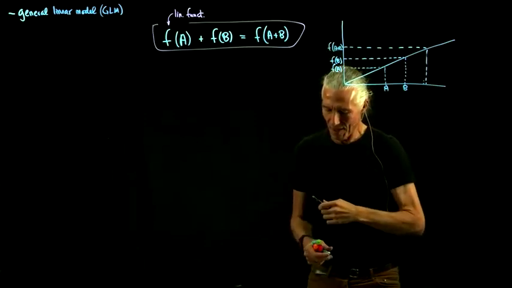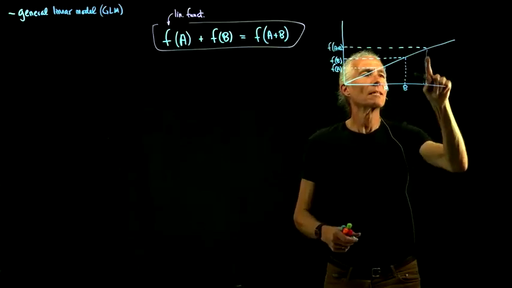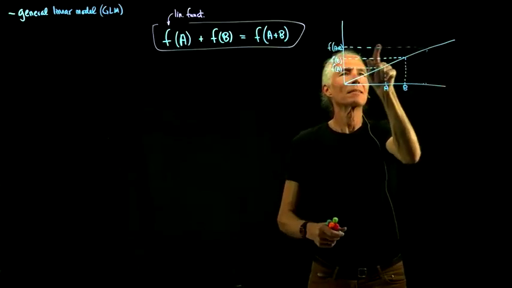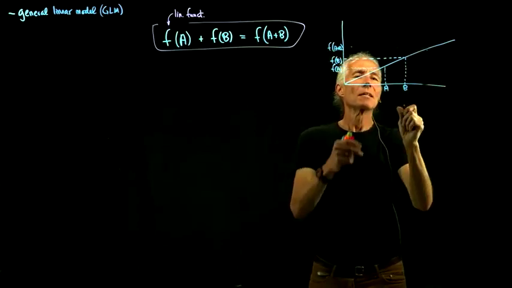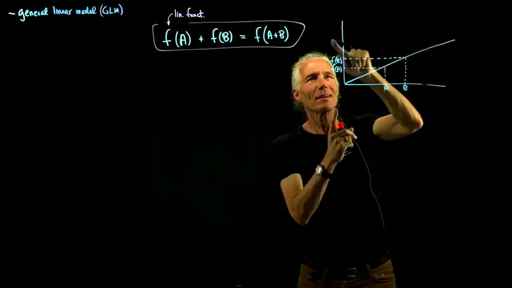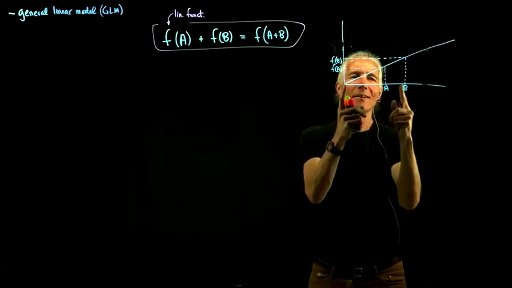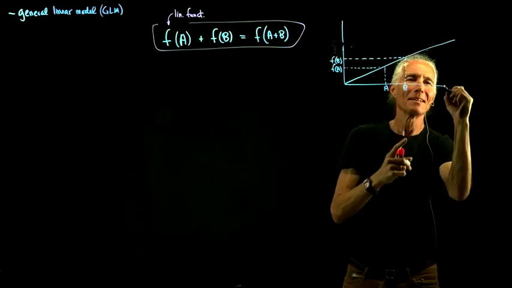Sorry, I drew this wrong. Let me draw this again. What's f of A plus B? So here's A, and here's B. Let's add A onto B. Okay, that's better, Marty.